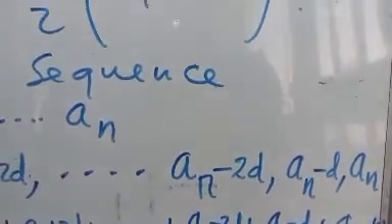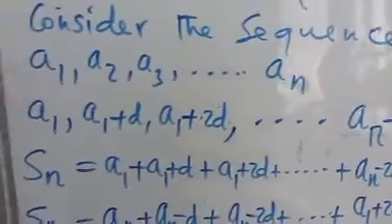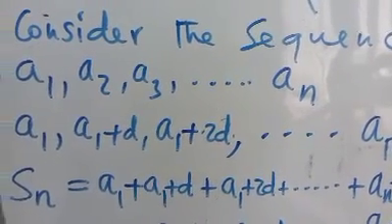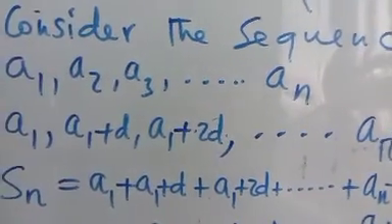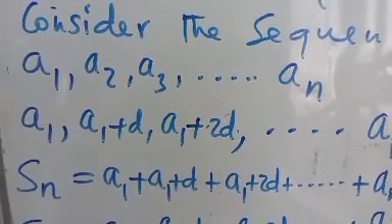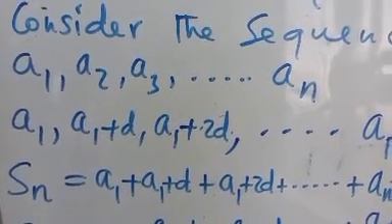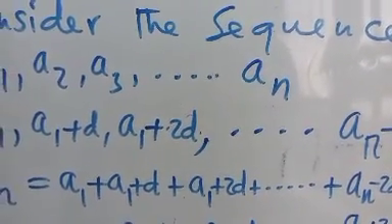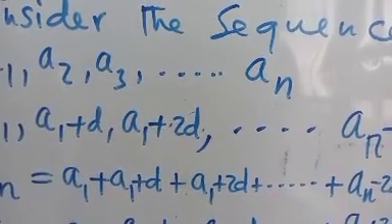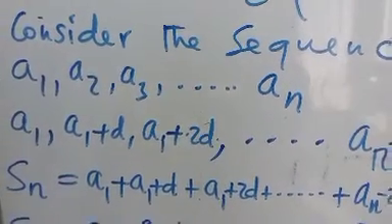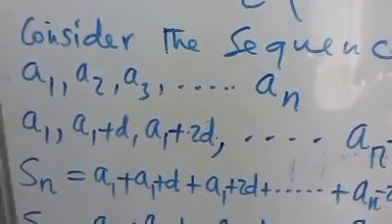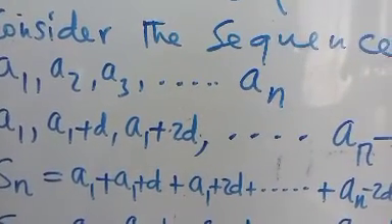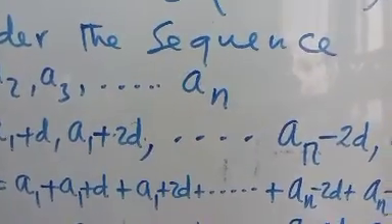After understanding that, now we can find the sum of those terms from the first one to the last one. The sum of n terms is equal to a1 plus a1 plus d, plus a1 plus 2d, and so on.